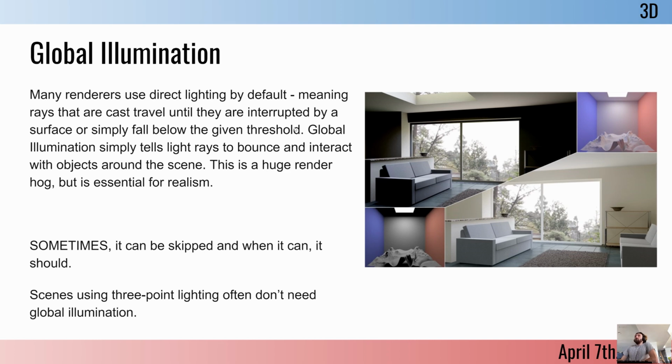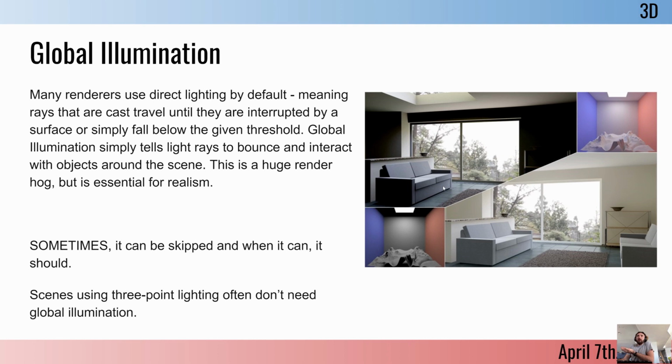Global illumination is kind of like a given threshold that the lighting can't go under. If you look at this scene on the top left, we have a room that's being lit only from this skylight and this side door, which means that the wall over here and this back area is completely black.